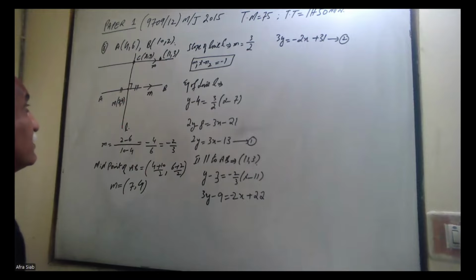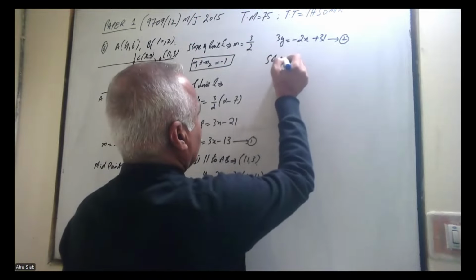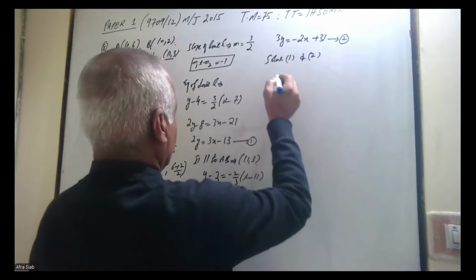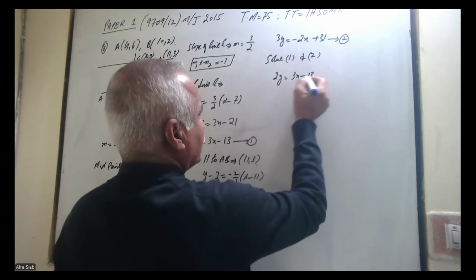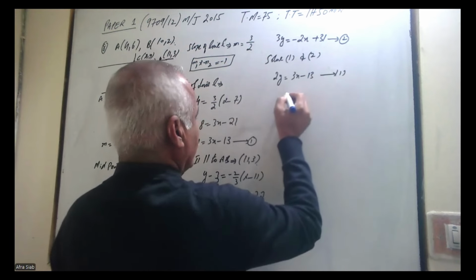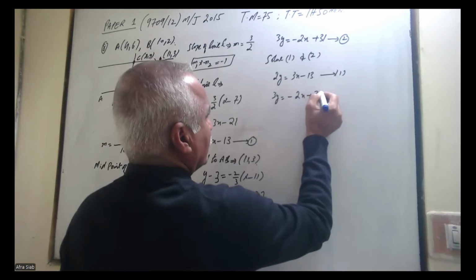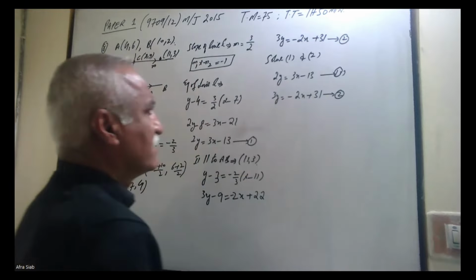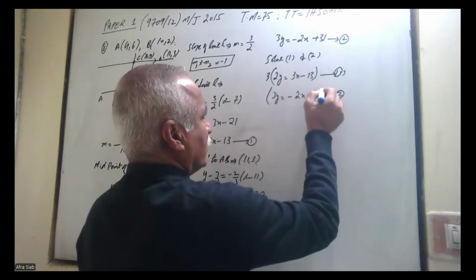Because C lies on this line, it is the point of intersection of these two lines, so we can solve 1 and 2. Equation 1 is 2y equals 3x minus 13, and equation 2 is 3y equals minus 2x plus 31. To eliminate x or y, we multiply the first equation by 3 and the second by 2.